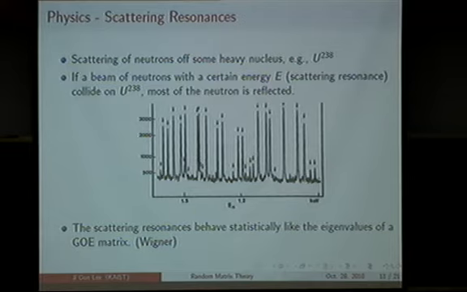If you have a heavy nucleus like rhenium, and if you shoot neutrons using a neutron beam, then it scatters.